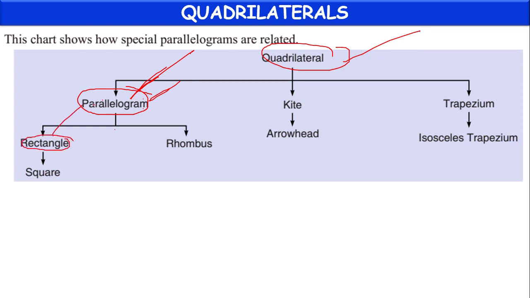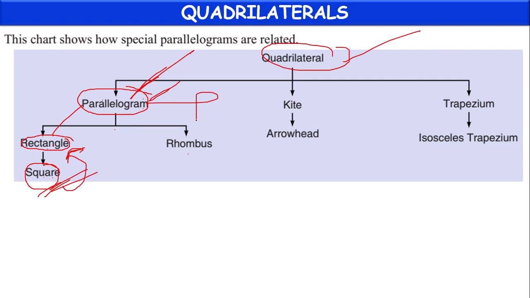A parallelogram with each angle 90 degrees. So what is a square? Each angle 90 degrees, both pairs of opposite sides parallel, meaning it has all the properties of a rectangle. Along with that, 4 sides are equal. Then it is called a square.